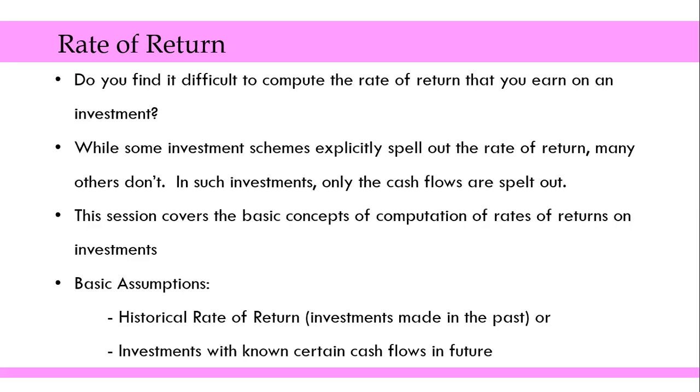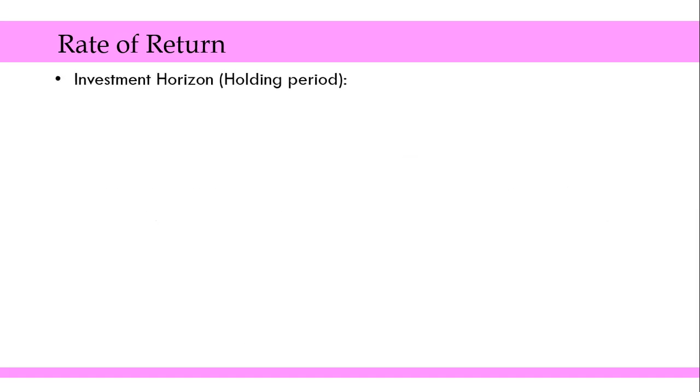For example, the scheme has clearly indicated the cash flows that will be received by you in future. If the cash flows are not known, it is not possible for us to calculate the rate of return.